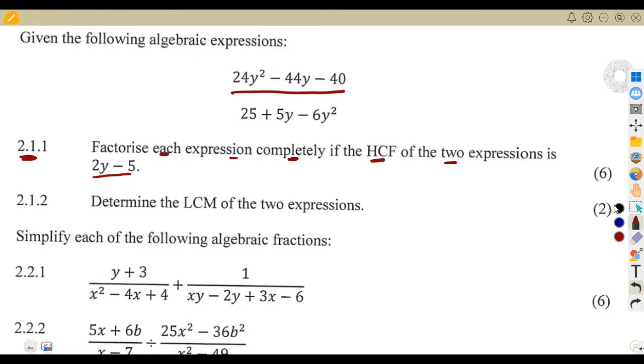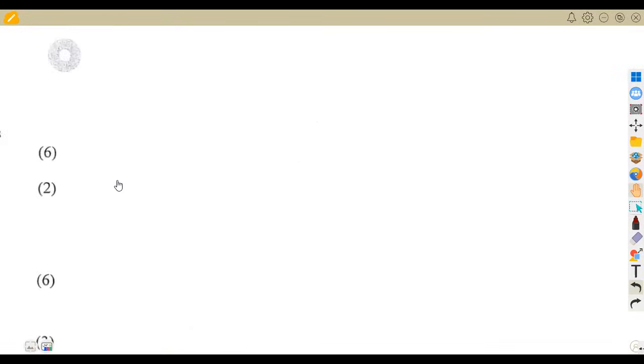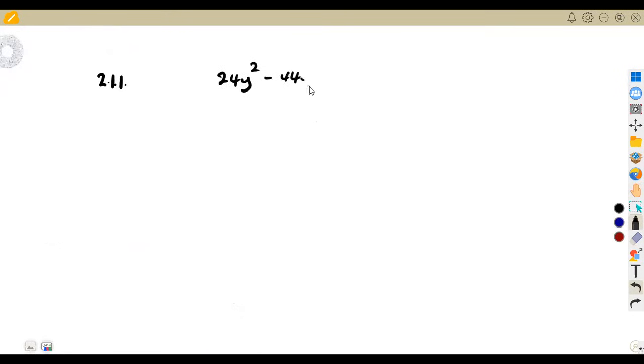All right, let us see what I'm trying to say. The first expression was given as 24y squared minus 44y minus 40. Remember our golden rule of factorization, always factor out what is common.